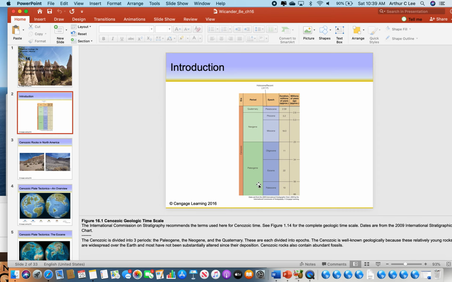So instead of using Paleogene and Neogene, we're going to combine those together and call that the Tertiary. The Tertiary period began 65 million years ago and ended 2.5 million years ago. So there's two periods that you need to remember for the Cenozoic. Tertiary, from 65 million years ago to 2.5 million years ago, and Quaternary, from 2.5 million years ago till today.